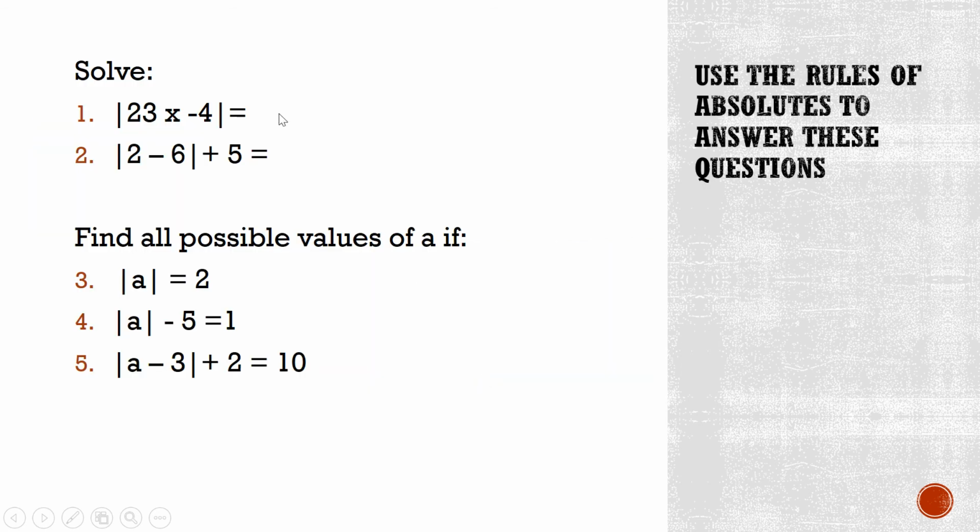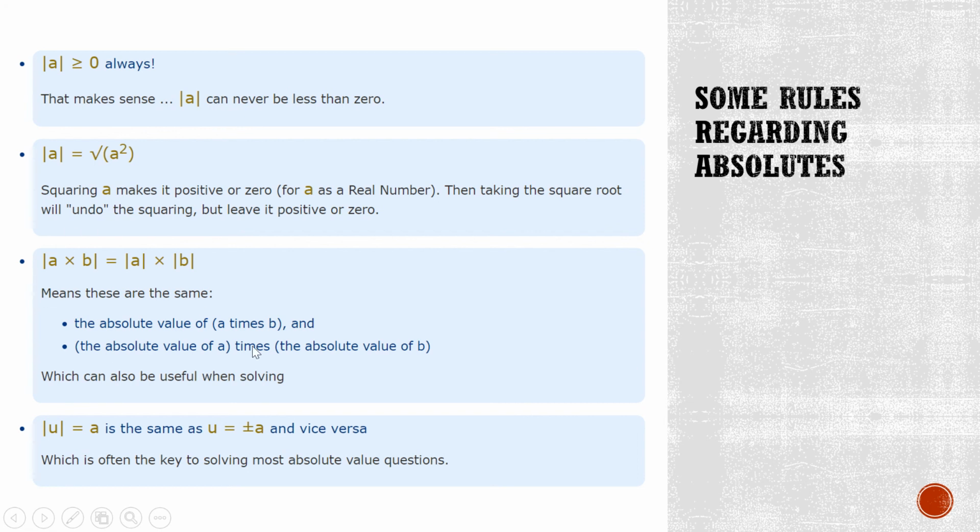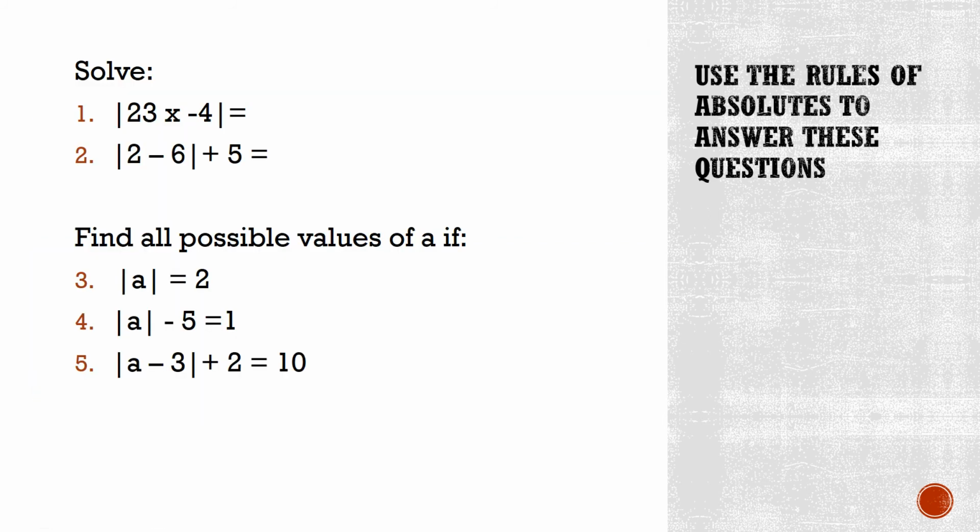Okay. For example, 23 times -4, it would be this one here. 23 times -4, the absolute of that would be the same as 23 times 4. 23 times 4 is something. I think it is actually 96.